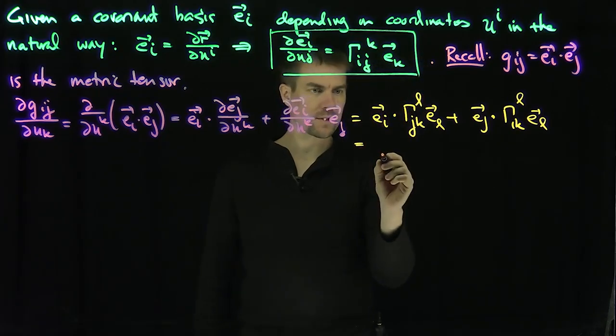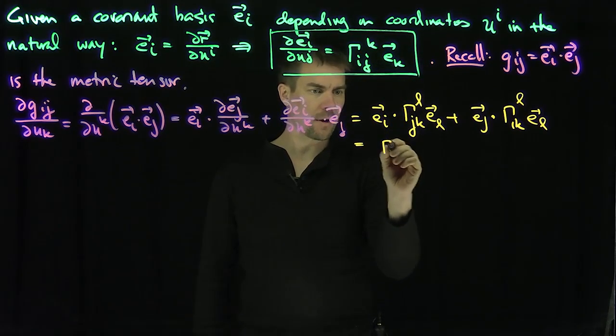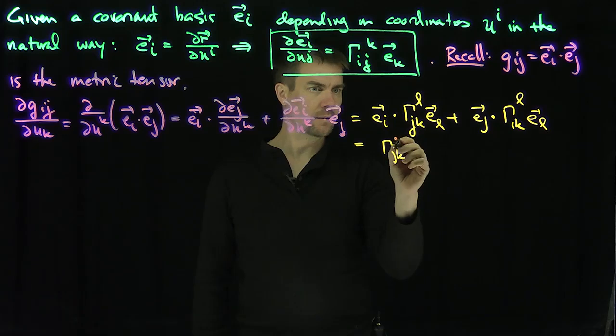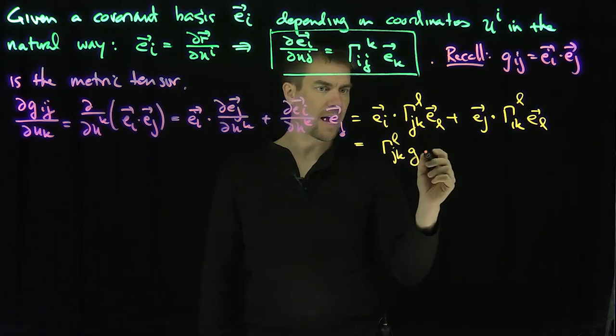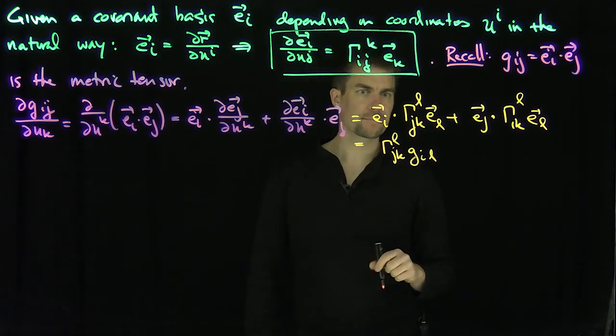So this is going to simplify to gamma_jk^l g_il.